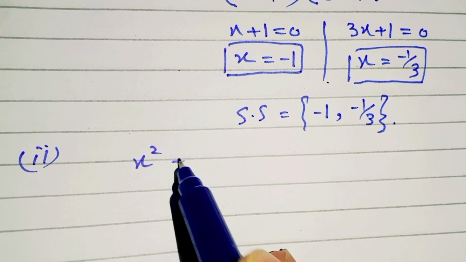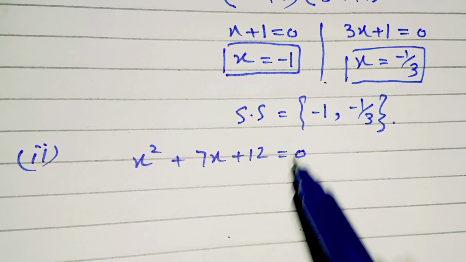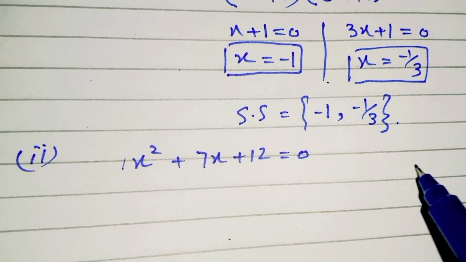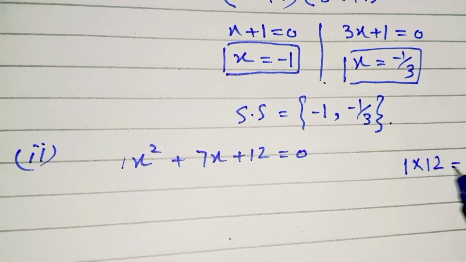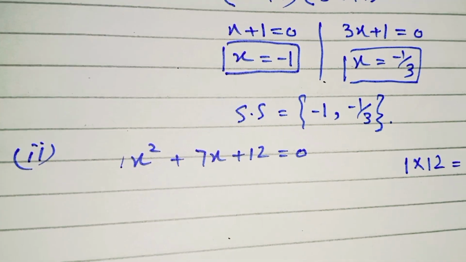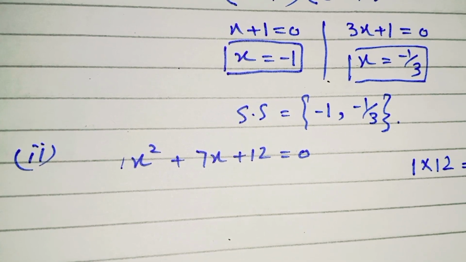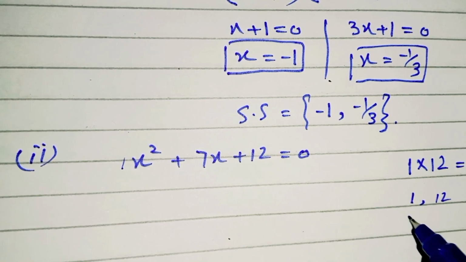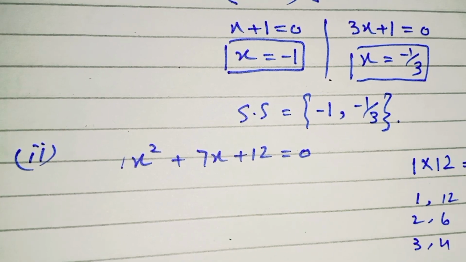To solve x square plus 7x plus 12 is equal to 0. The coefficient of x square is 1 and the constant term is 12, and the multiplication of 1 and 12 is equal to 12. Here we know the factors of 12: 1 and 12, 2 and 6, 3 and 4.